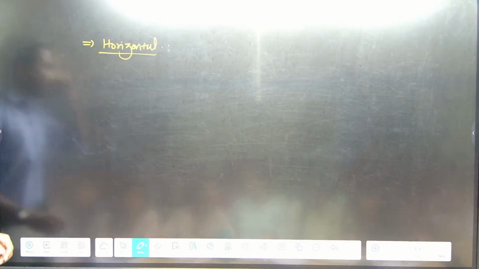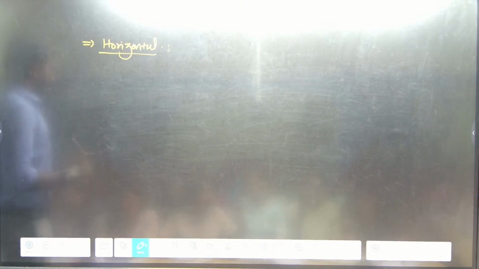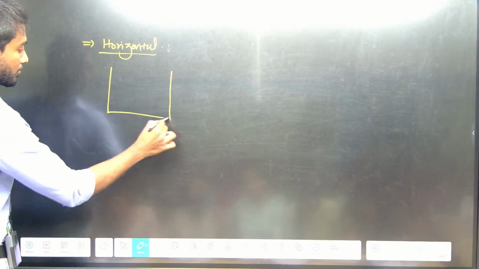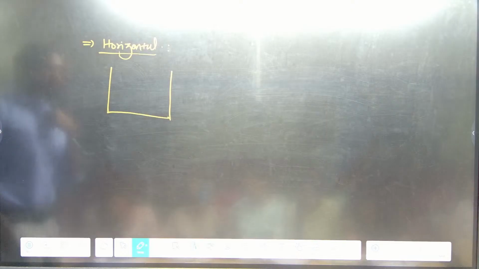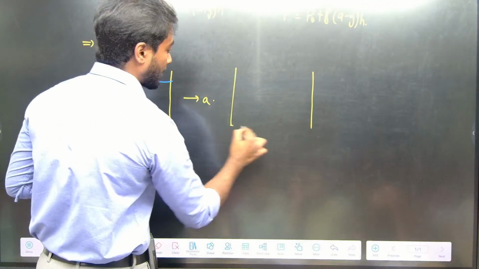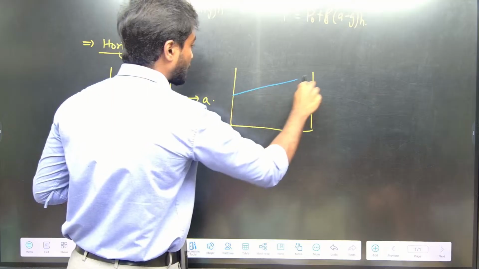So now it is horizontal direction. Suppose this is my container, and the container is having water up to this level. This is at rest. If it starts moving with acceleration a, then can I say the water is going forward like this?